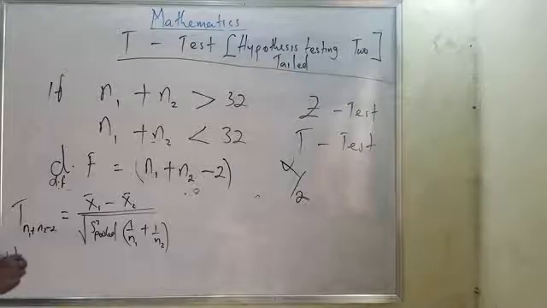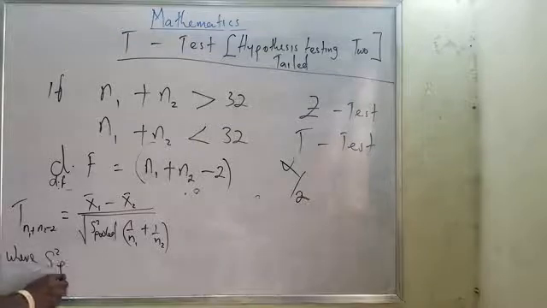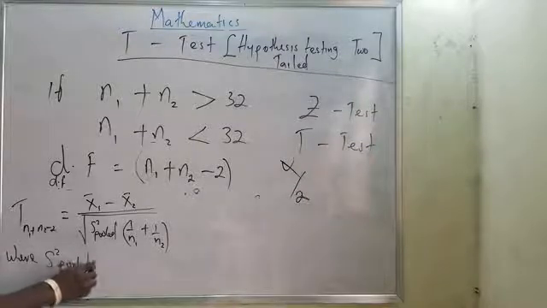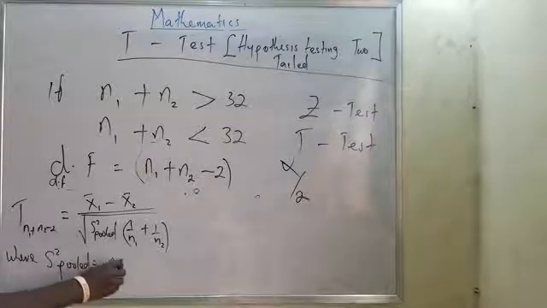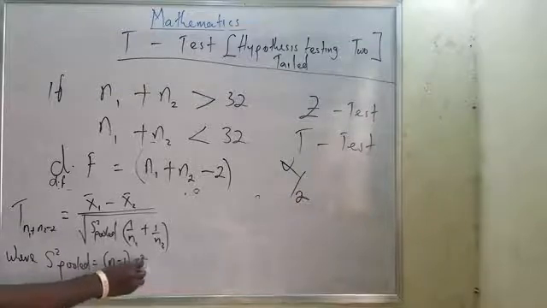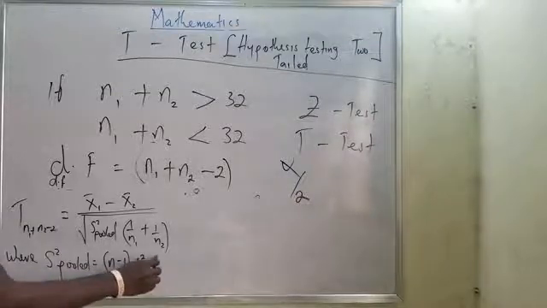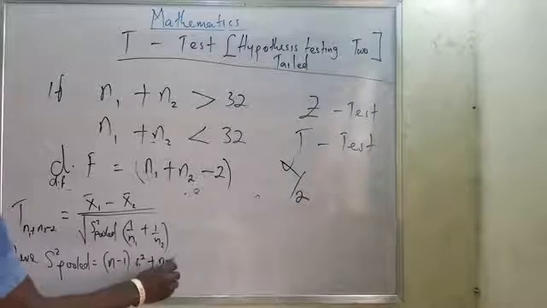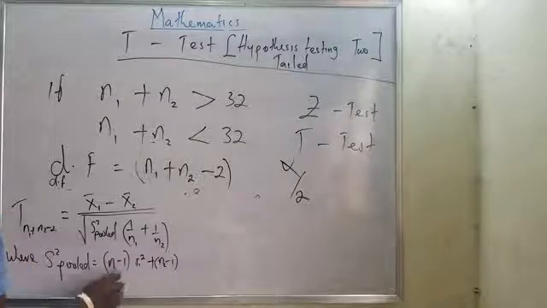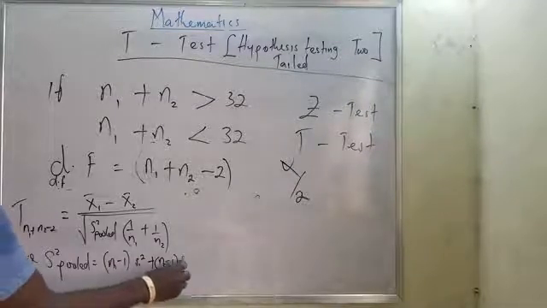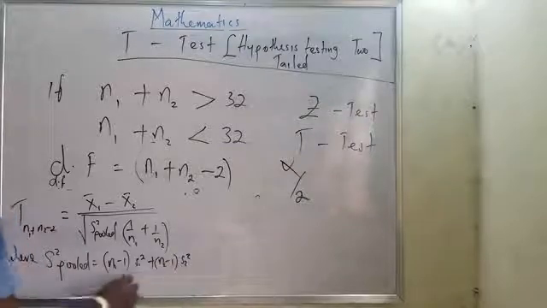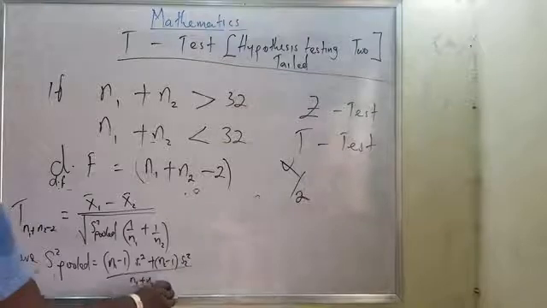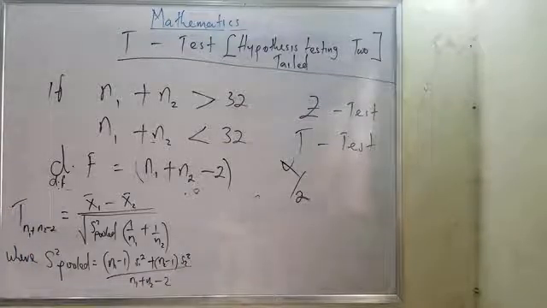Where s squared is equal to the sum of (n minus 1) times s squared for each sample, divided by the degree of freedom, n1 plus n2 minus 2. There is a proof for this, but I may not be able to prove it here; I'm just stating it. That is very, very important.